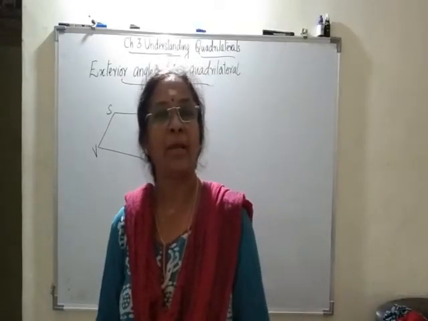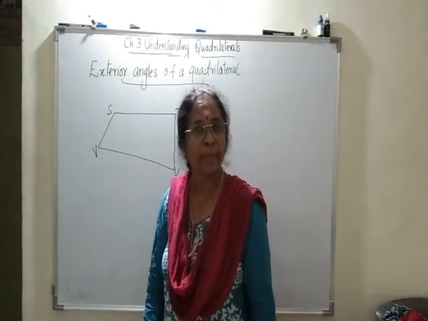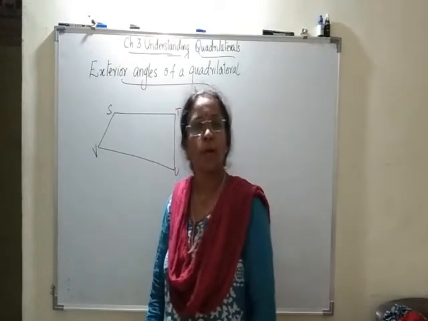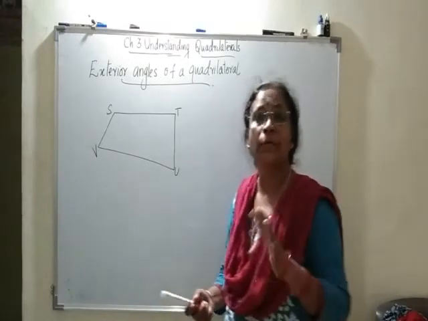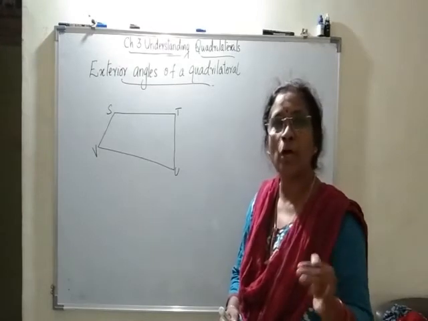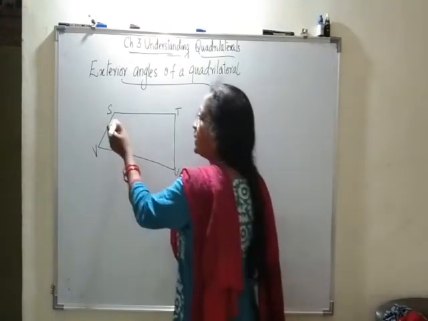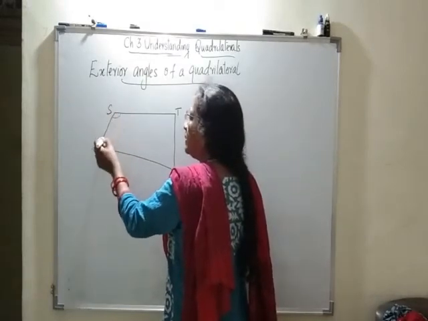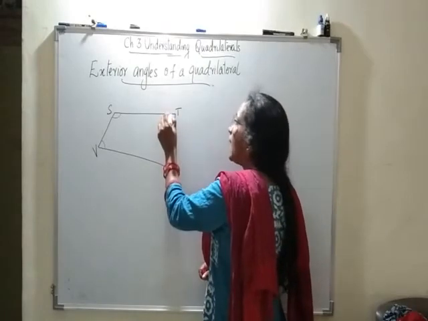Now let us see what are the exterior angles, or what is meant by exterior angle of a quadrilateral. Now you see, you already know interior angles. Interior angles means the angles which are formed inside the quadrilateral. How many interior angles are there? You see here, 1, 2, 3 and 4.